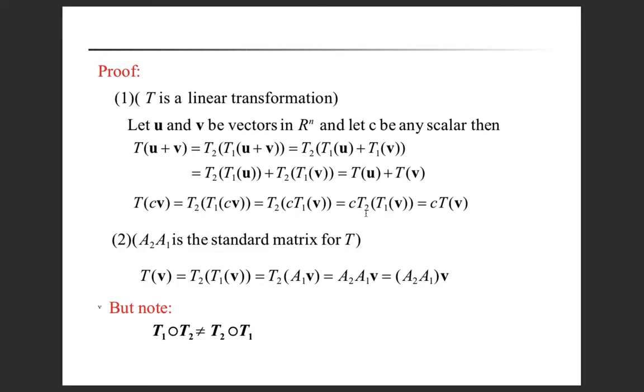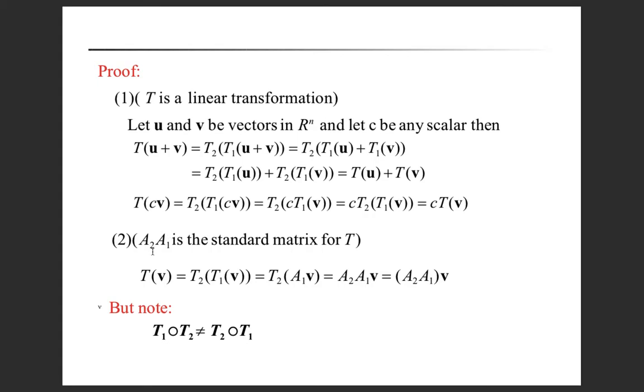So c times T2 of T1(v). T2 of T1 we have denoted by T. So c T(v). So T also preserves scalar multiplication. So we have proved that T is a linear transformation because it preserves vector addition as well as scalar multiplication.